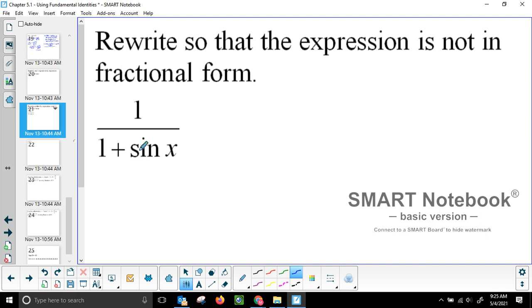Now, the conjugate, which you should have talked about in terms of the complex conjugate when you were dealing with the quadratic formula and all that stuff in Algebra 2. But all you have to do is change this sign. So I'm going to multiply the denominator by 1 minus sine of x. And then, of course, to keep it the same, whatever I multiply the bottom by, I have to multiply the top by as well.